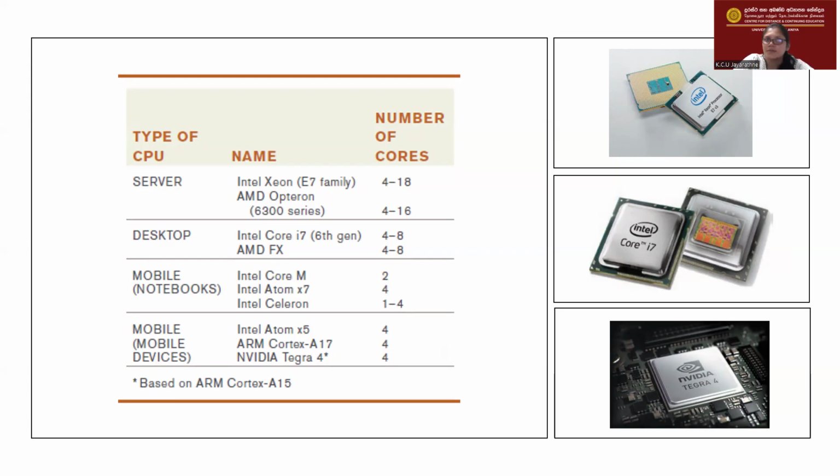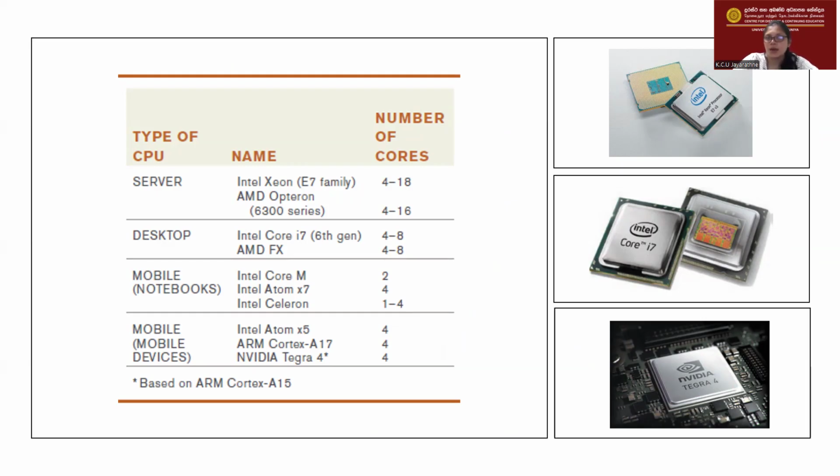The desktop CPU can be Intel Core i7 6th generation, with 4 to 8 cores. For mobile CPUs, it can be Intel Core M, Intel Atom 7, or Intel Celeron, with 2 to 4 cores inside.